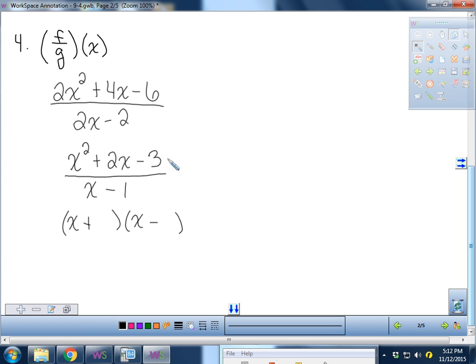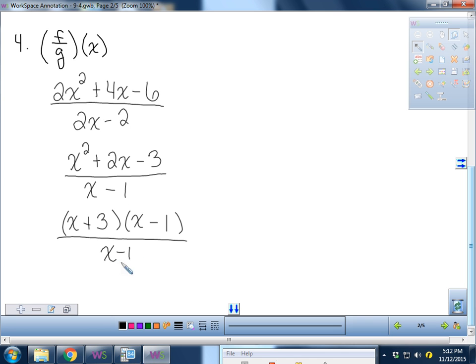And then I need two numbers that will multiply to make 3 and subtract to make 2. That would be 3 and 1. Since I have two different signs here, I look at the front. I need to get a positive 2x, so my big number will go with the positive, and my other number will go with the negative. That's all over the x minus 1.